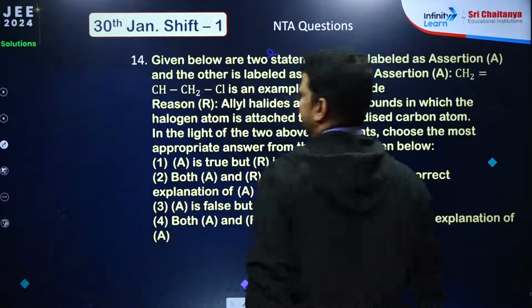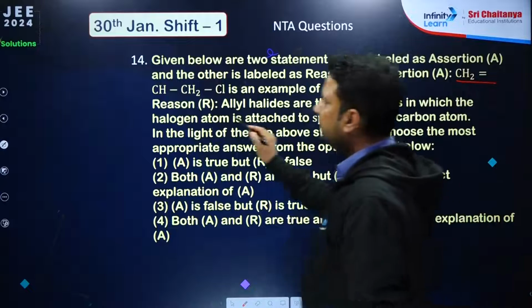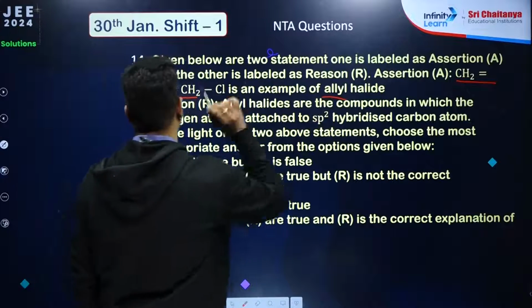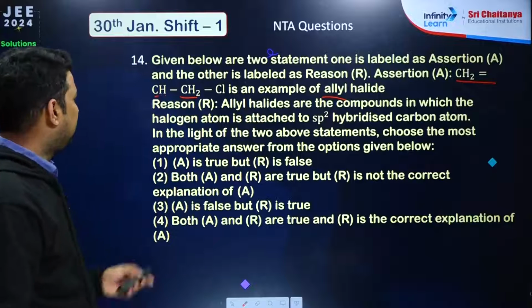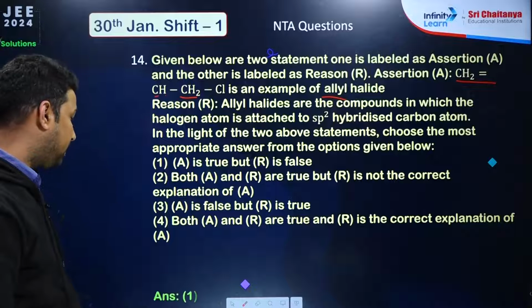Come to question number 14. Two statements, assertion and reason. Assertion says CH2=CH-CH2-X. Yes, allylic halide, it is true. The reason says allylic halides are compounds in which the halogen atom is attached to an sp2 hybridized carbon atom. It is incorrect.